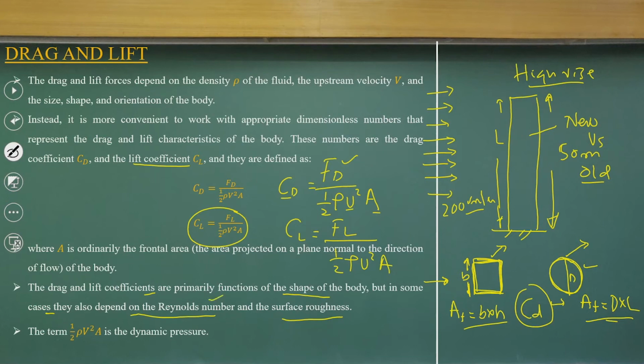That is what we will be discussing: the CD is also a function of velocity, rho, frontal area, and also the Reynolds numbers and roughness, similar to what we discussed about the roughness for pipe flow.